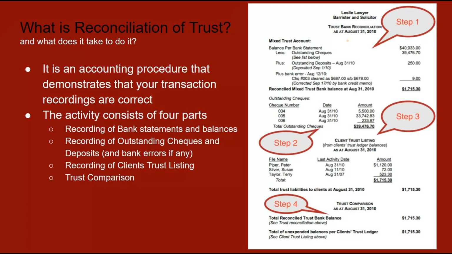Now, there are a few possibilities of errors that may occur that are part and parcel of your legal business. And the reconciliation process is a fantastic way for you to capture those errors in a timely manner.